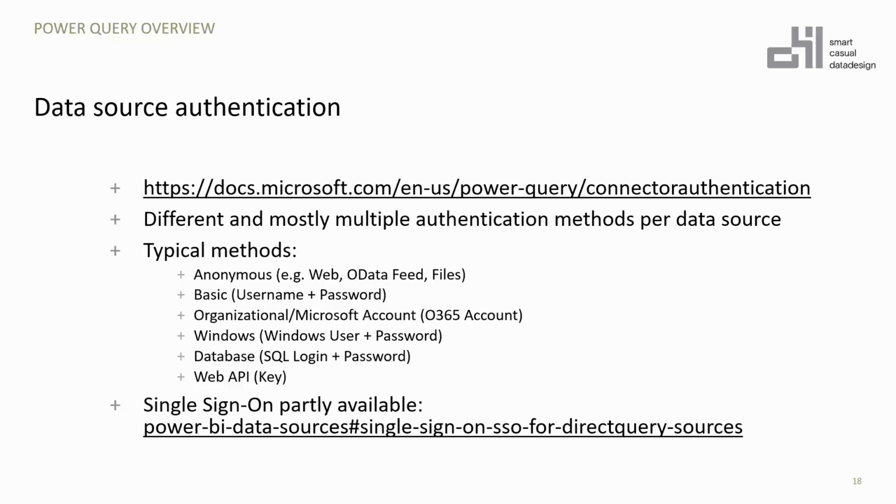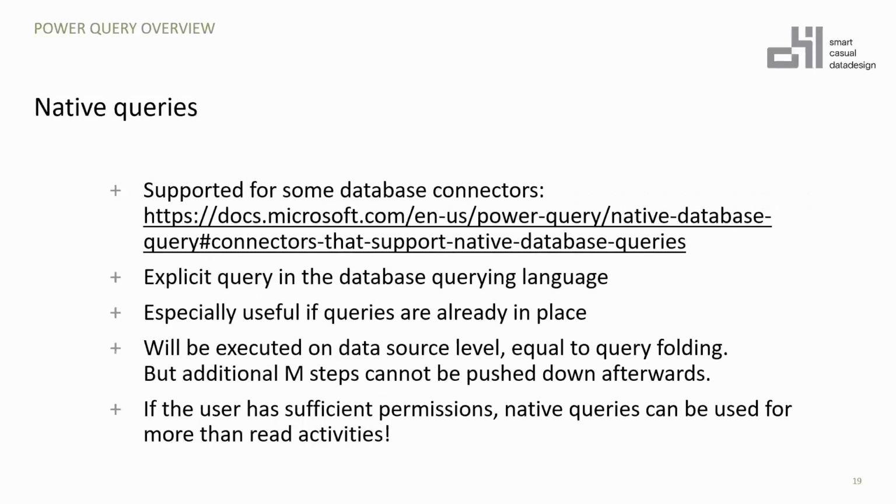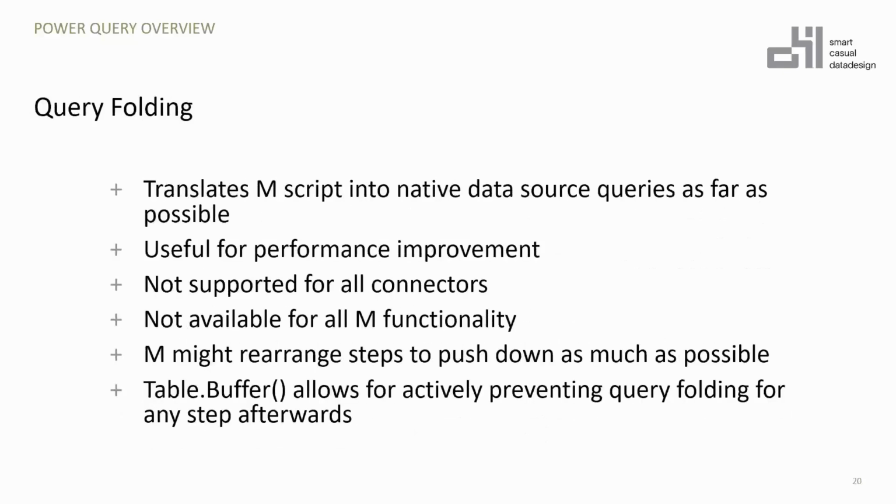Some of the data sources also support single sign-on, which is especially interesting for data sources that you want to use in a direct query mode, because in that way your sign-on actually needs to be transferred down to the data source to allow you to query the data from the data source in the context of your user, of your credential. And we have two other topics I quickly have to introduce, which are native queries and query folding.